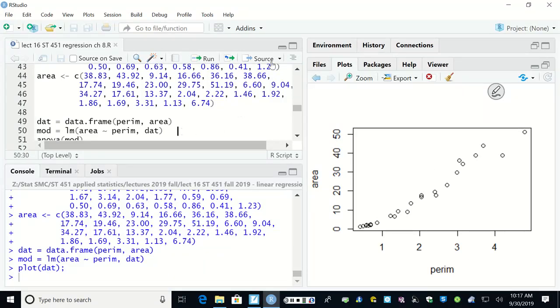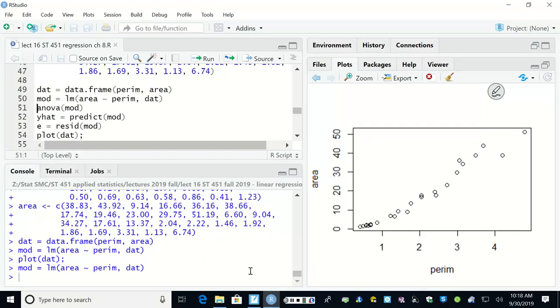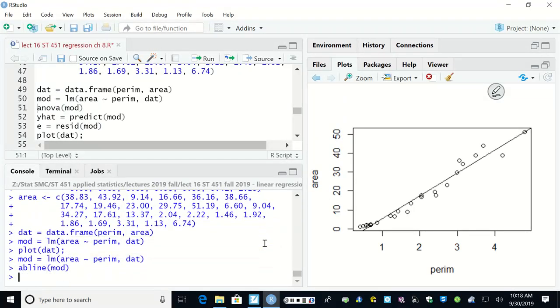So if we fit that model to those data and put the regression line on these, it seems to be pretty reasonable. But if you look at it closely, you'll get a few points over here above, these are below the line, and then it comes up again.